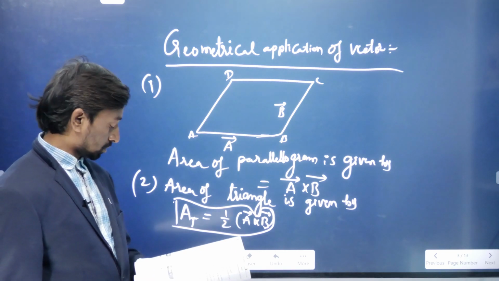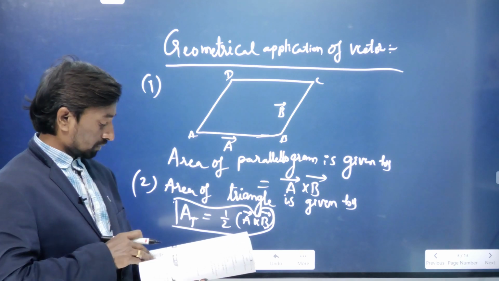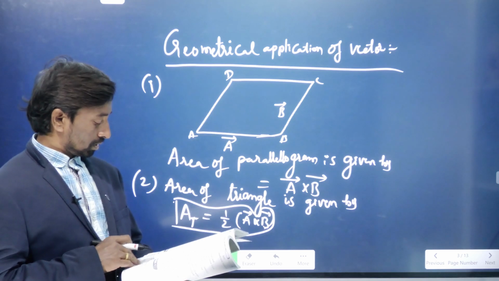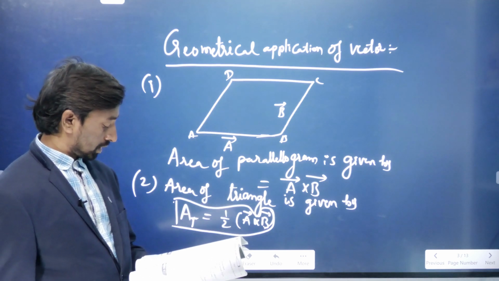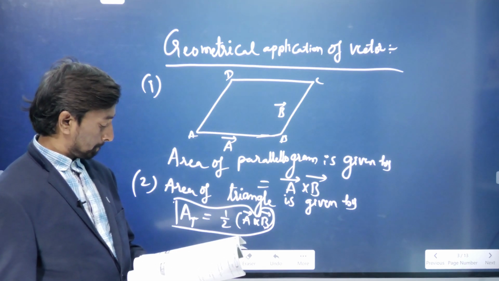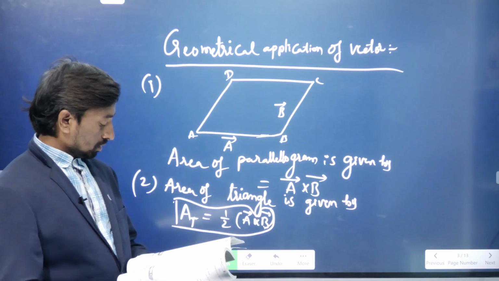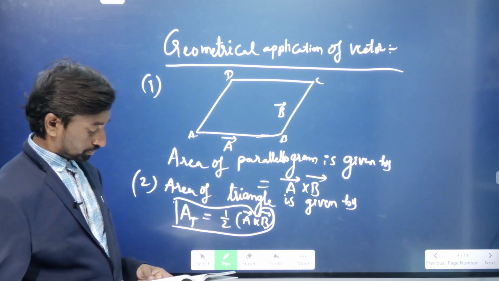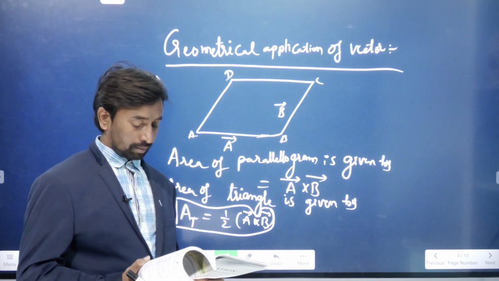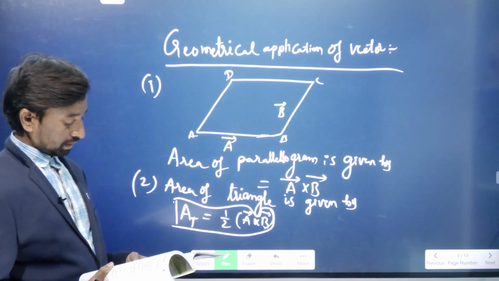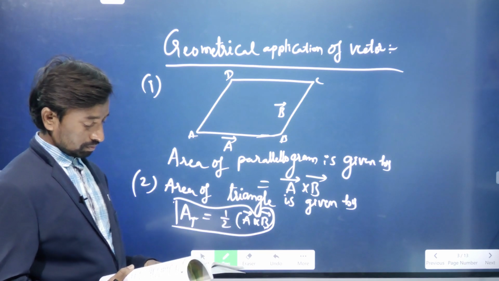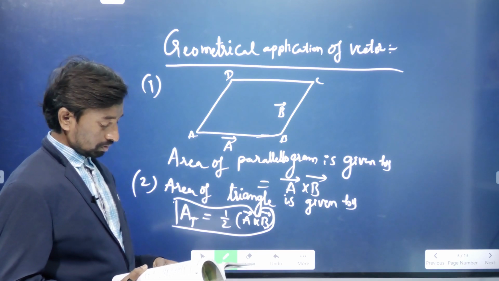Concept based questions. The first question is given: the direction of the cross product of two vectors can be known by applying triangle law of vector addition, Ampere's swimming rule, corkscrew rule, or all of the above.